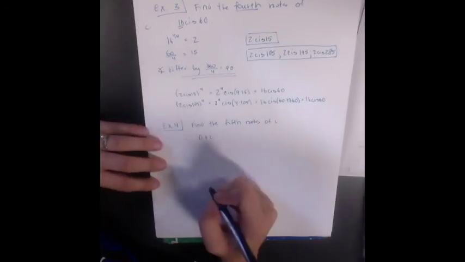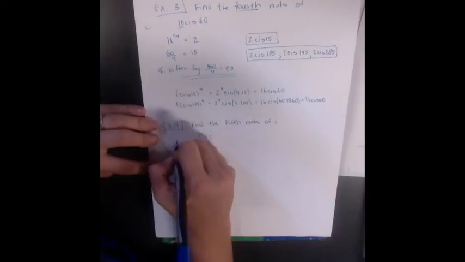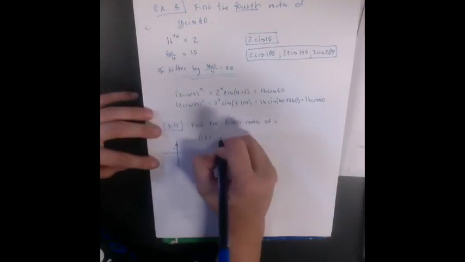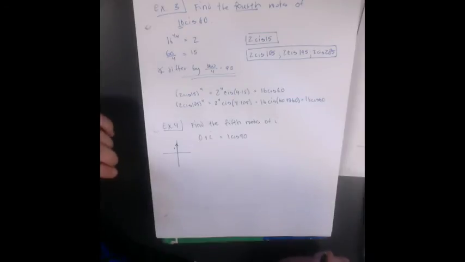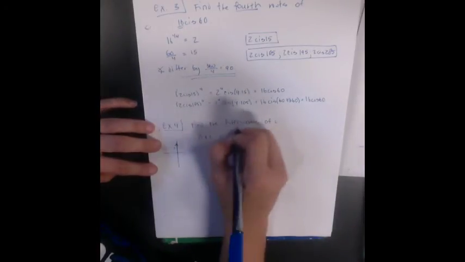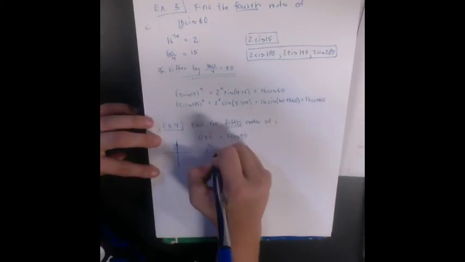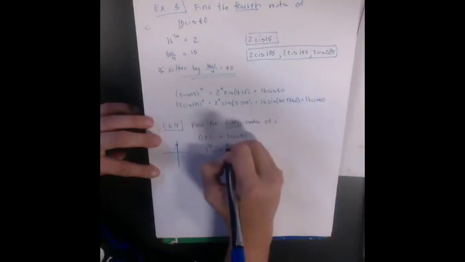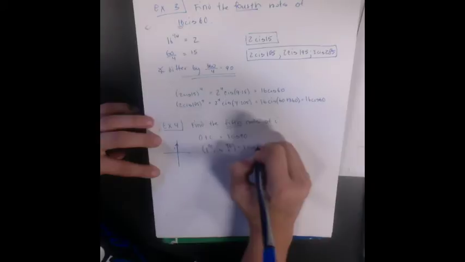Right now we have 0 plus i, which if we were to graph that, that's that vector right there. 1, so 0 plus i is 1 cis of 90. Now, we're doing the fifth root, so our first root will be 1 to the 1 over 5 cis of 90 over 5, which gives me 1 cis of 18.